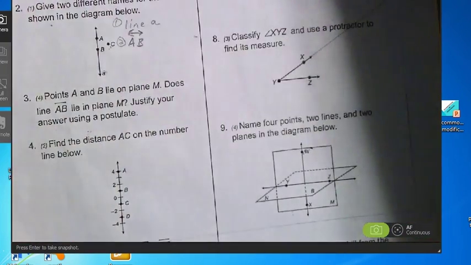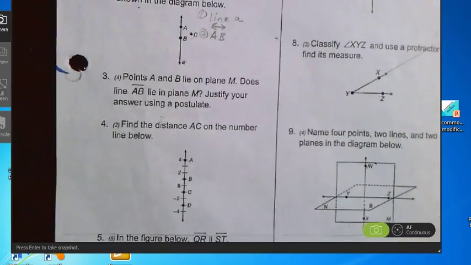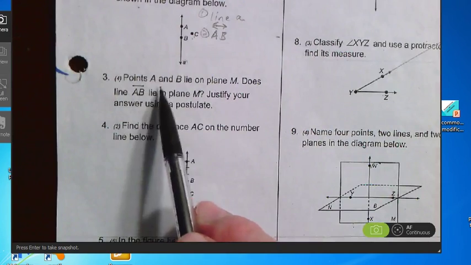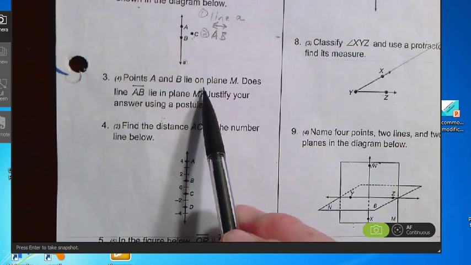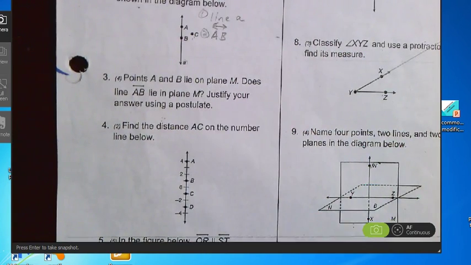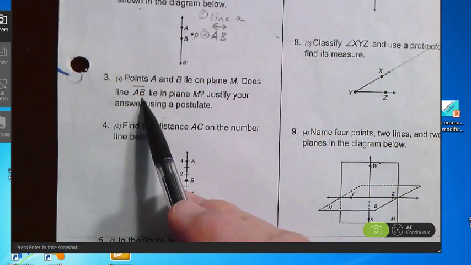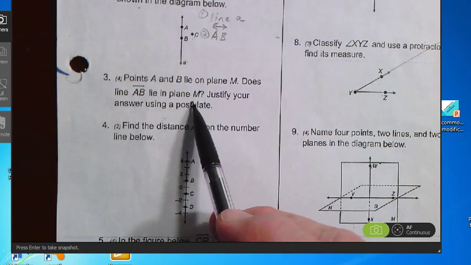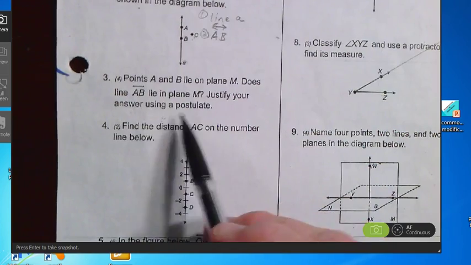All right, let's move on then to 3. Points A and B lie on plane M. Does line AB lie in plane M? And justify your answer.